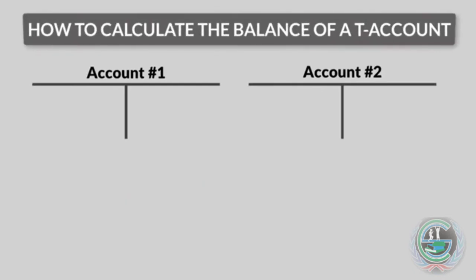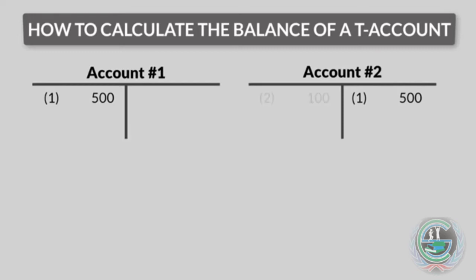And that's to figure out the balance in a T account. The balance is basically the total of an account. So let's say we have these two accounts visualized as T's. Then we record some transactions to them. First, account number 1 gets a debit of 500, and account number 2 gets a credit of 500.